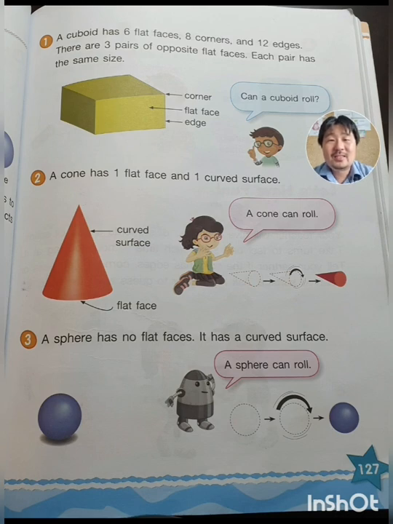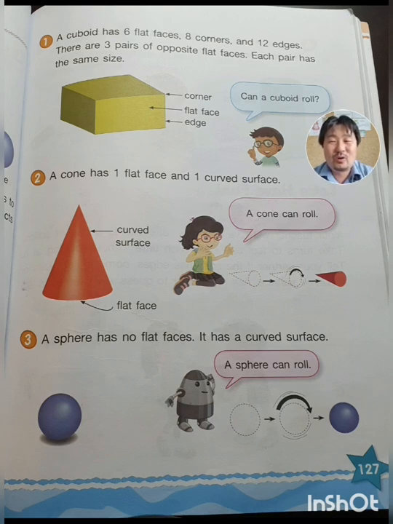And these 6 flat surfaces, there are 3 pairs of opposite flat faces. So each pair has the same size. Okay? Now, as I demonstrated in the video, a cuboid cannot roll. So the boy in the picture there, he's asking, can a cuboid roll?